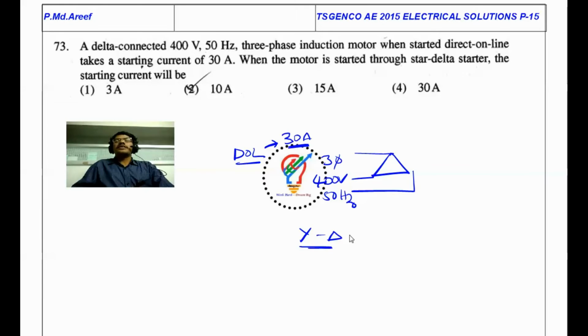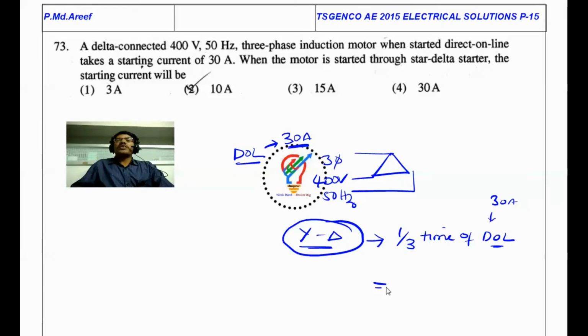If you use a star delta starter, it will reduce the starting current to 1 by 3 times that of the direct online starter. With the direct online starter, the current is 30 amps. So 1 by 3 of 30 amps means how much? It is 10 amps. Right, you got it right. So 10 amps is the answer for this question.